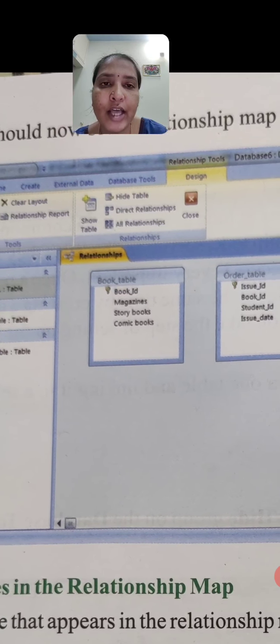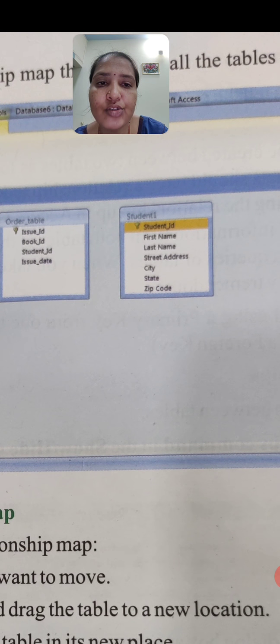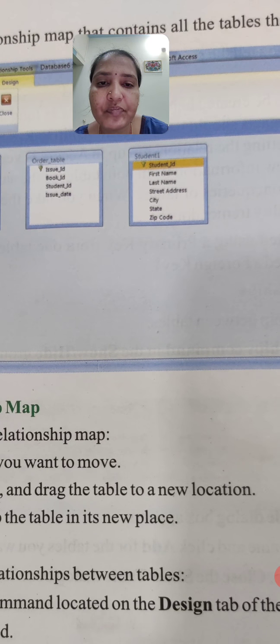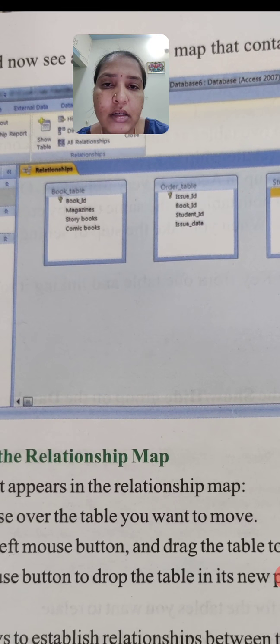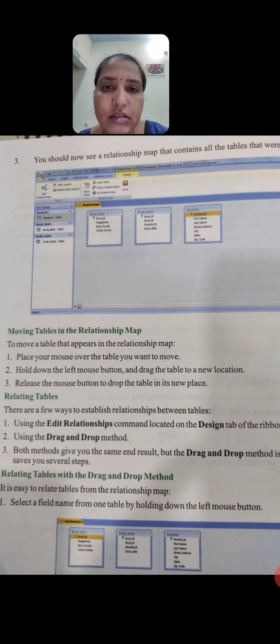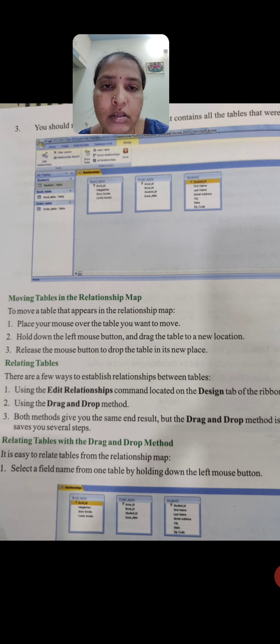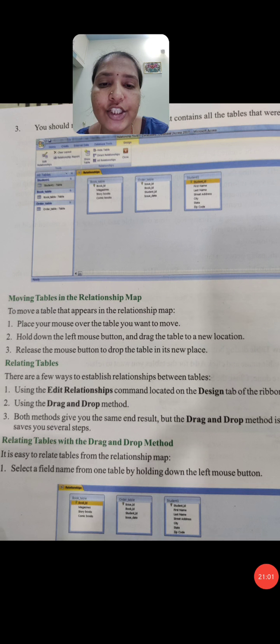In the window they have shown book table, order table and student 1, and they have entered the data in those fields. This is how they have established the relationship.